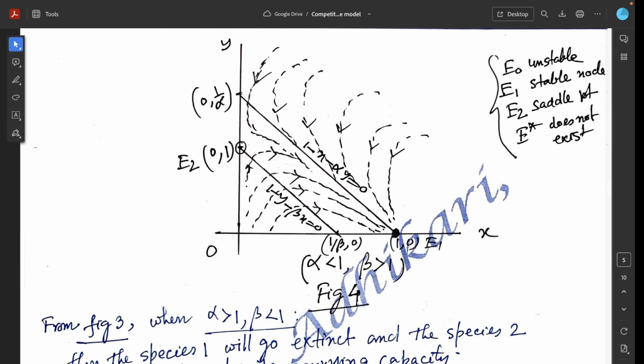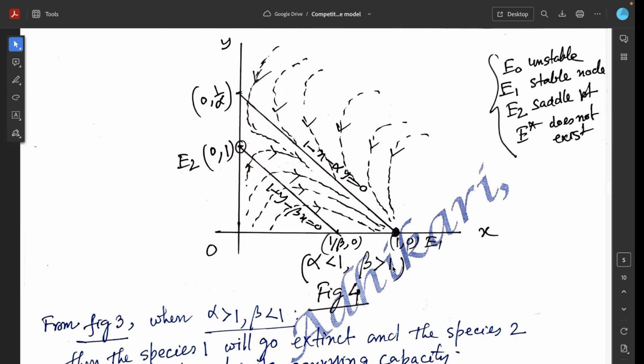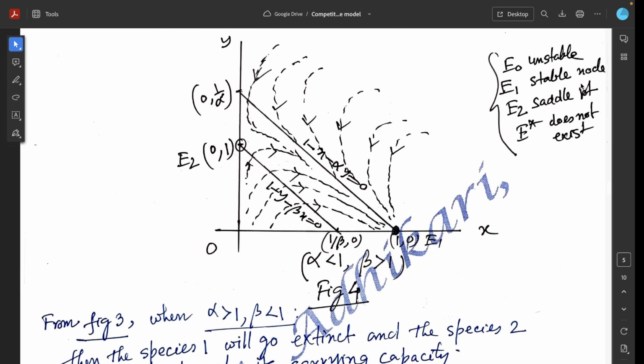And the last case, alpha is less than 1 and beta is greater than 1. In this case E0 is unstable, E1 is stable, E2 is an unstable saddle point, and E star does not exist. In this case also there is no intersecting point, so obviously there is no interior equilibrium point. E2 is (0, 1) and E1 is (1, 0). Since E1 is stable, all trajectories go to the point E1 as time t tends to infinity.